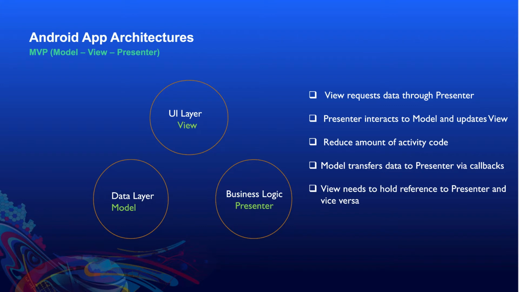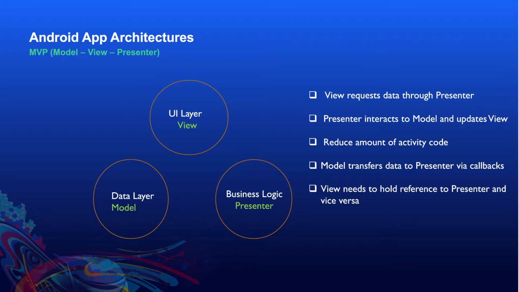So in MVP architecture, the clear distinction is that there is a separation of the view from the presenter, which was not there in MVC. In MVP also you have the same UI layer as the view, and then there is a business logic that controls the UI and the model, which is where all the logic is now moved to the presenter.